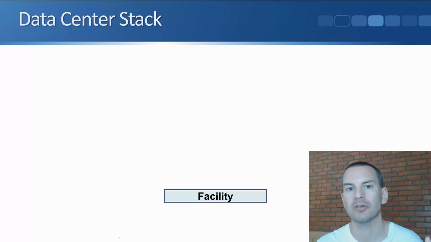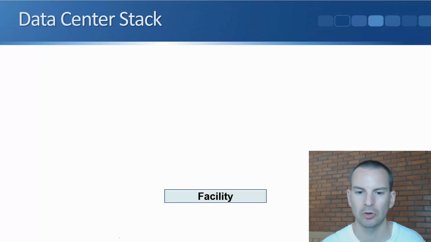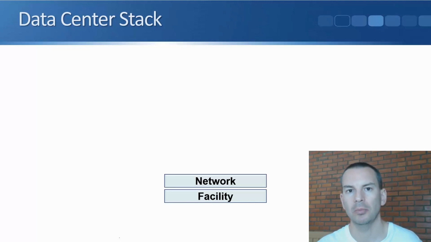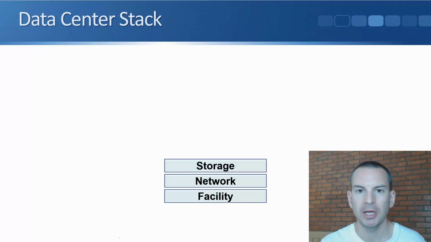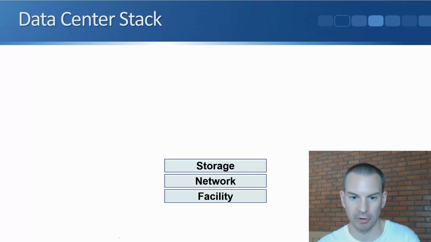At the bottom of the stack, we've got the facility, the actual physical location and the power and the cooling. The next level up, we've got the network infrastructure, so our routers, our switches, our firewalls, etc. The next level up is our storage system.